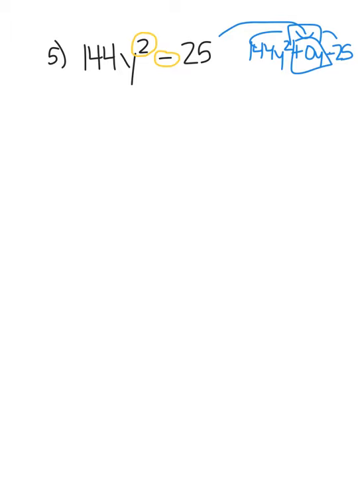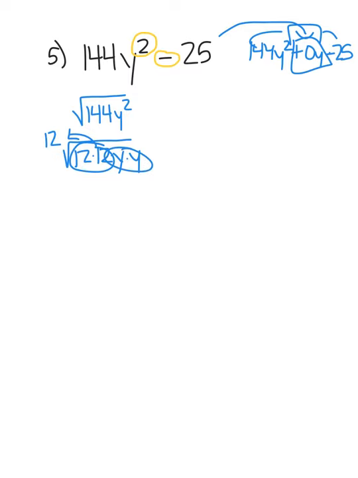And I told you that if this is a difference of squares, then if we take the square root of 144y squared, 144 is really 12 times 12. The square root of 144 is 12, the square root of y squared is y. That means the square root of that whole thing is 12y.